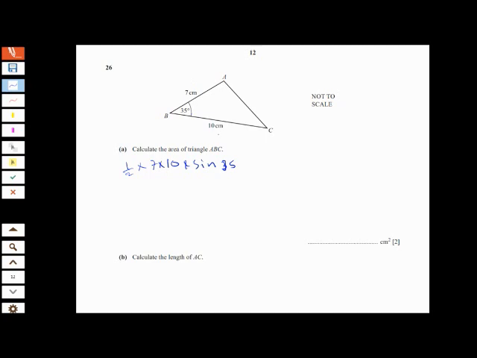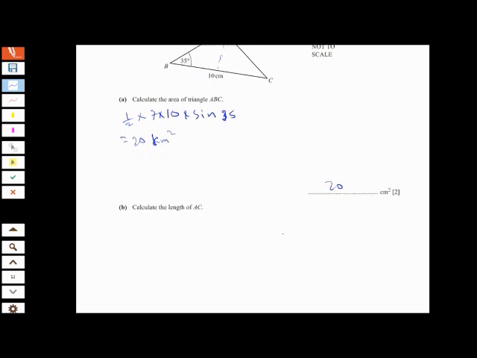This equation is really convenient when you have a triangle like this where you don't know the height. The basic equation is half times base times height, right? But we don't know the height, so you can use this equation if you have the angle in between. And so that would equal 20 centimeter squared.